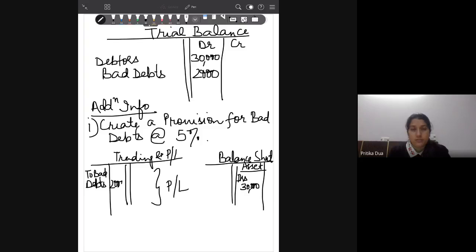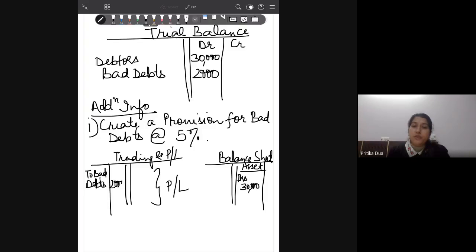Okay, now we come to the additional information. You have to create a provision for bad debts at 5%. Now provision for bad debts is created on the net debtors. तो अभी जो आपकी बैलेंस शीट में डेटर्स की वैल्यू आ रही है 30,000 आ रही है, तो आपका प्रोविजन 5% ऑफ 30,000 होगा, which will be rupees 1500.